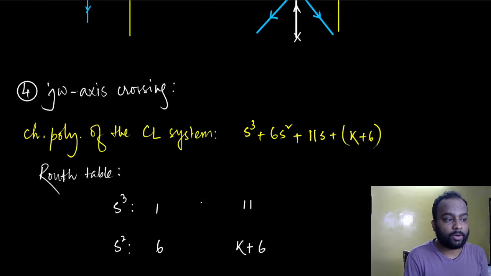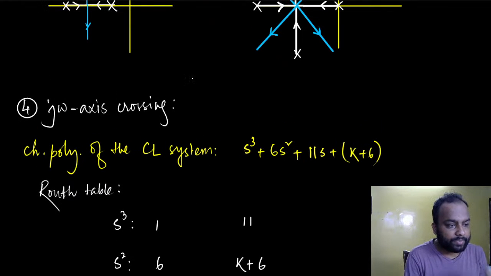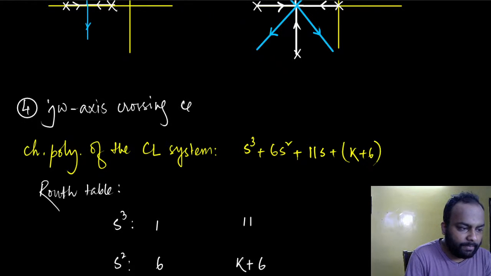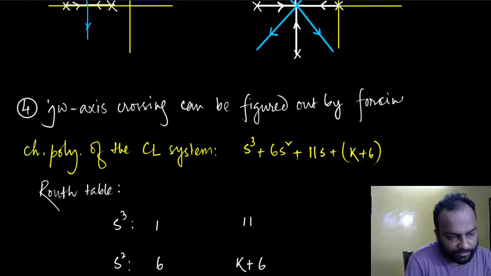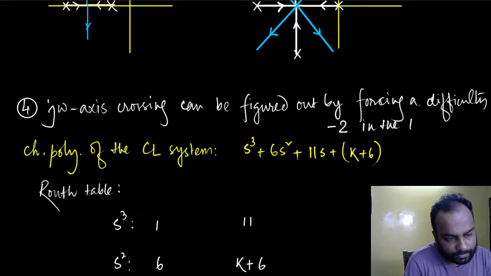Now, why are we constructing another Routh table here? We are constructing it because we want to see the j omega axis crossing. Really, this is not a rule but a kind of construction rule for how you figure this out. The j omega axis crossing can be figured out by forcing a difficulty 2 in the Routh table.